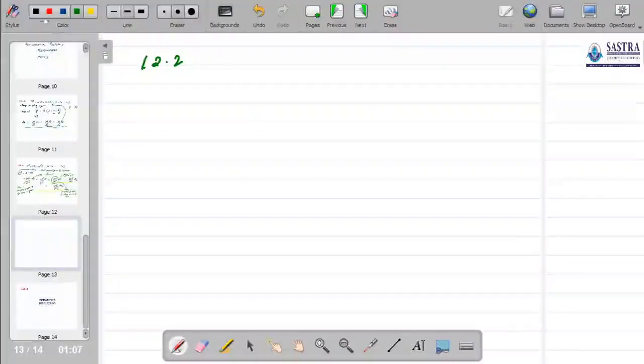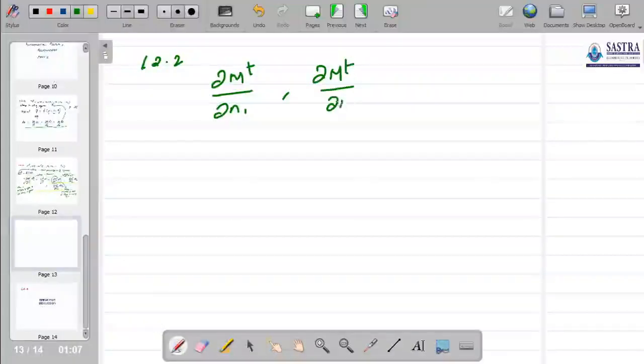The terms that we are talking about, like ∂M_t divided by ∂n1, similarly ∂M_t divided by ∂n2, there are like terms like this.